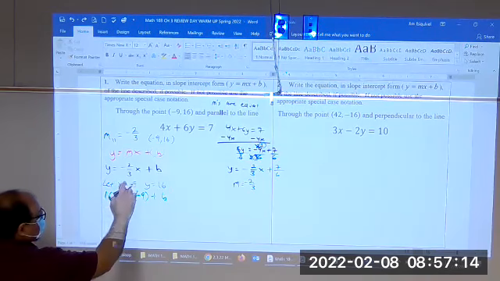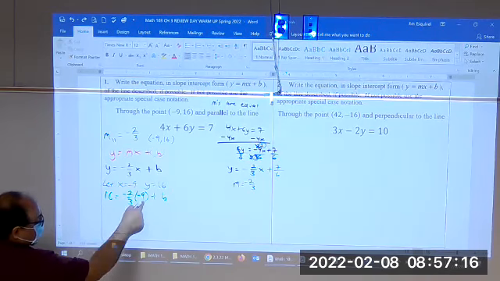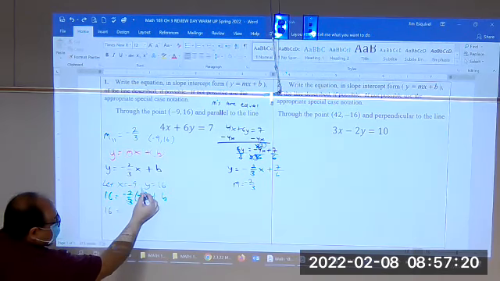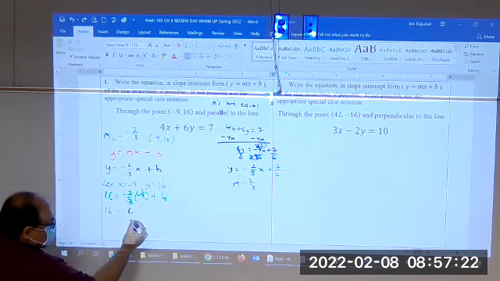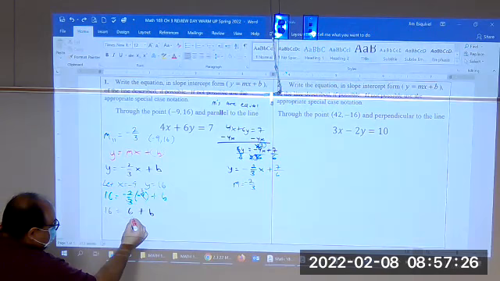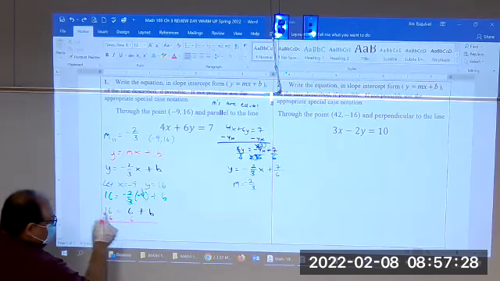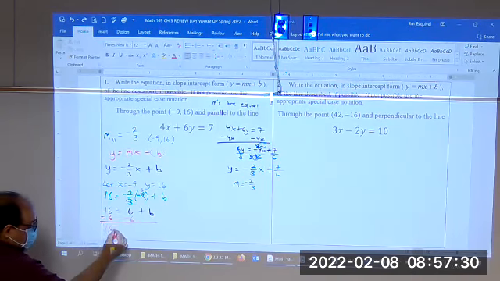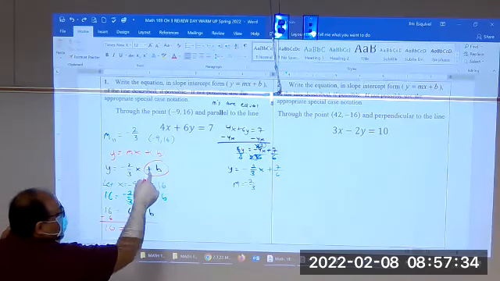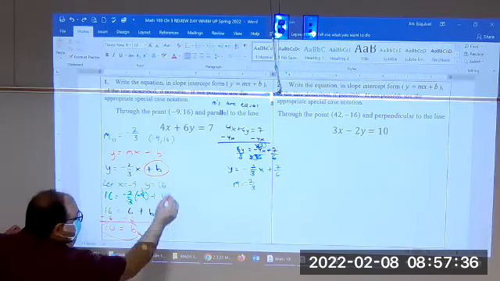Come back. Negative times negative is positive. 3 goes into 9 3 times, 2 times 3. That's a 6 now. Plus b. Subtract the 6. 16 minus 6 is 10, equal to the b. So this missing b is a 10.